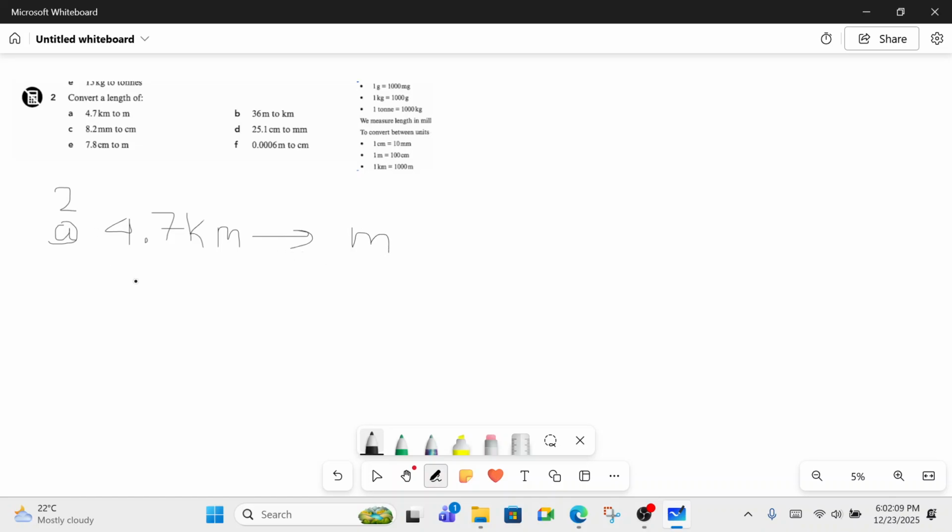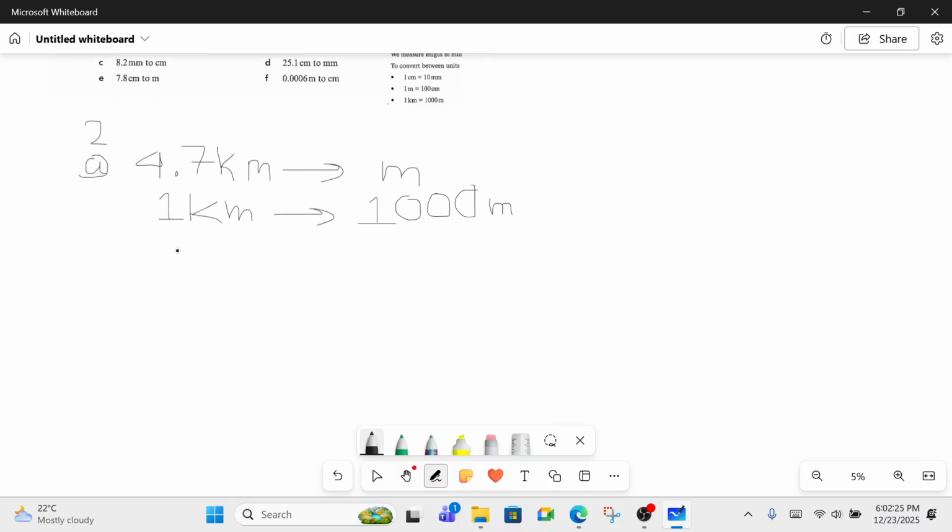Okay, so 1 kilometer represents 1,000 meters, so here is going to be 4.7 times 1,000.